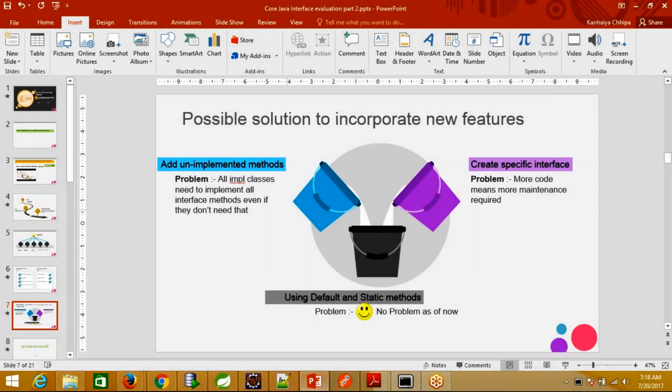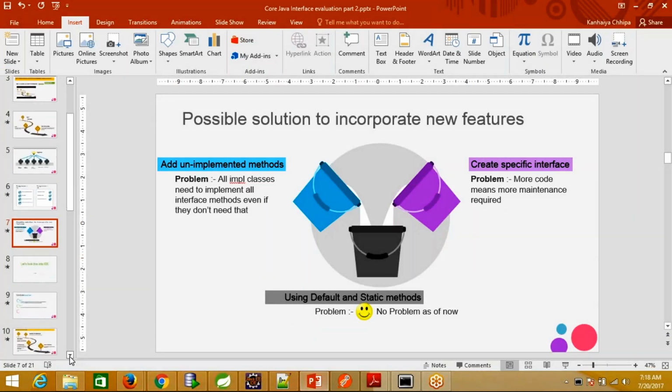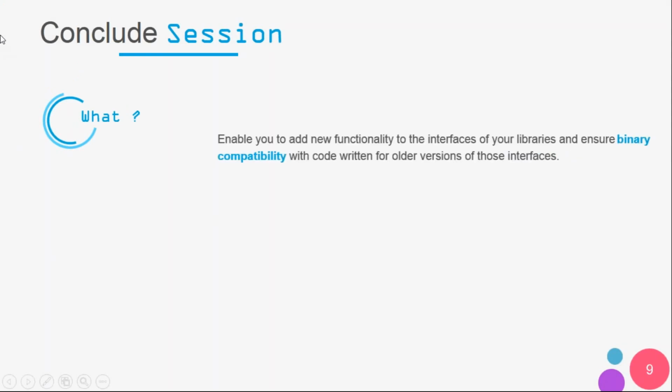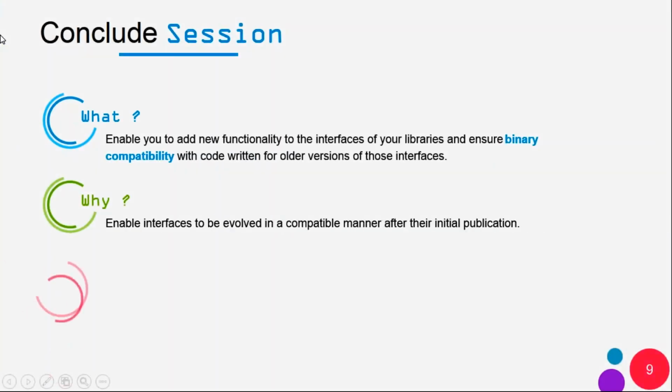So we have seen all the possible features here, and one last thing, that is kind of a conclusion for this particular session. As I said, we would be covering what the interface, the default and static method are, and why they got introduced. So the questions we have answered are: what enables you to add new functionality to the interfaces of your libraries and ensure binary compatibility with code written for older versions of those interfaces.